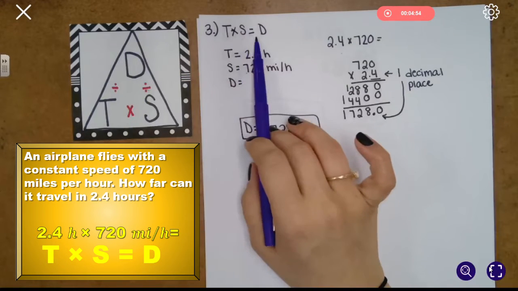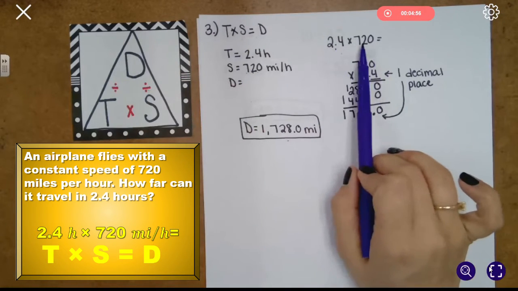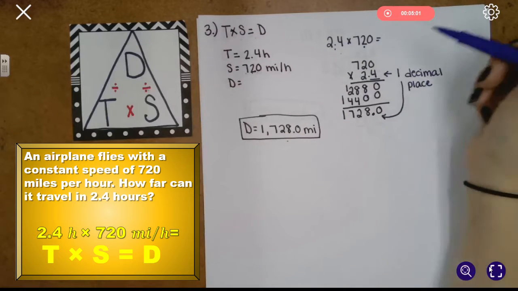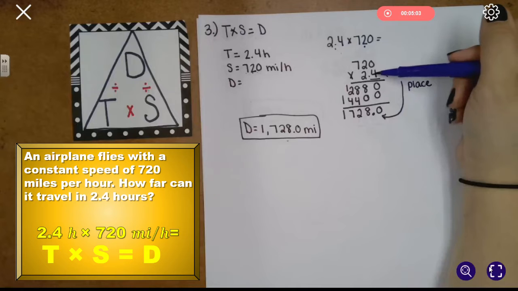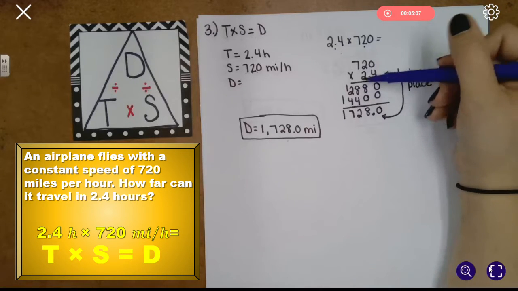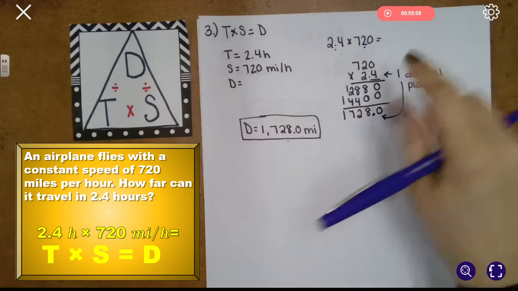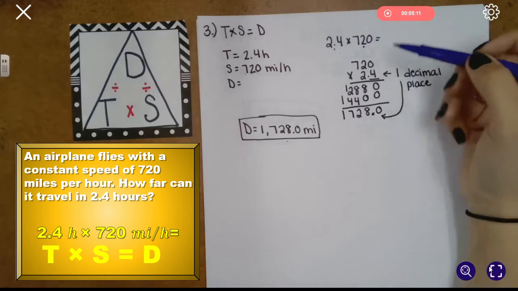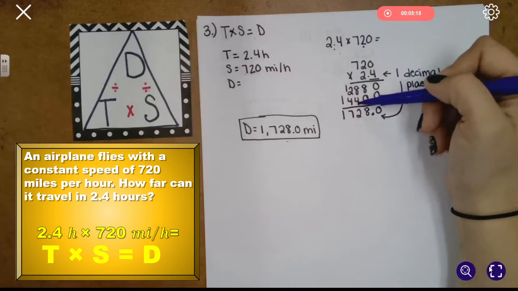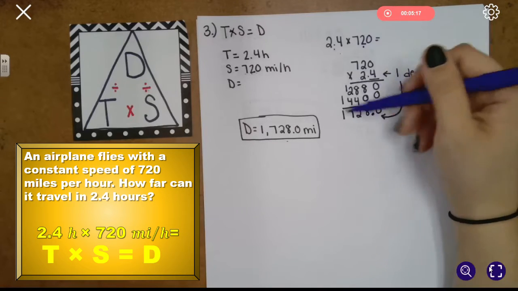Time times speed equals distance. 2.4 times 720. I always put my bigger number on top. So we do our ones place first, and that gives us our top row. And then we have to do that placeholder 0. Don't forget about that 0. Then we do our tens place, multiply that out, and then we add everything up.